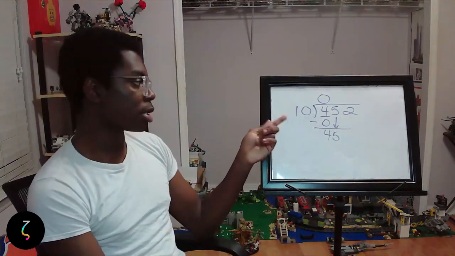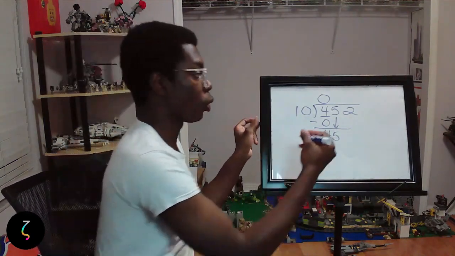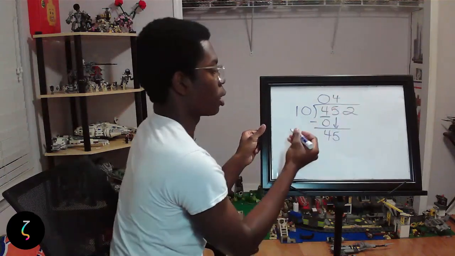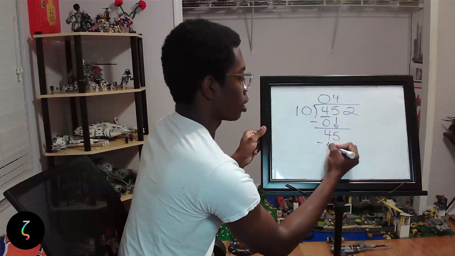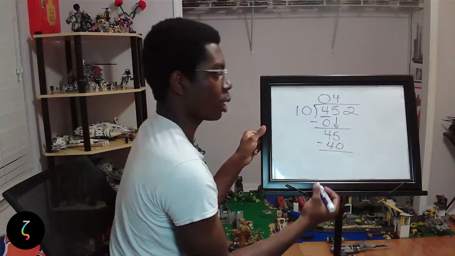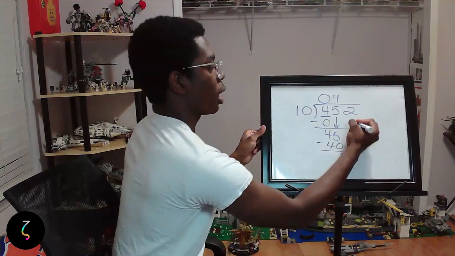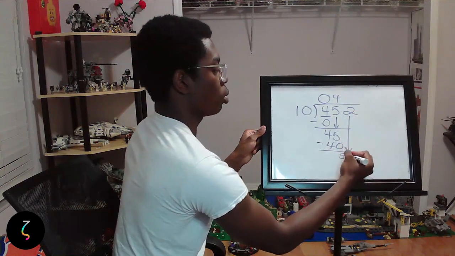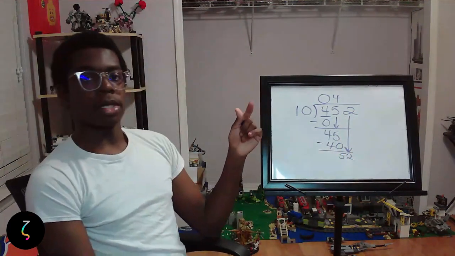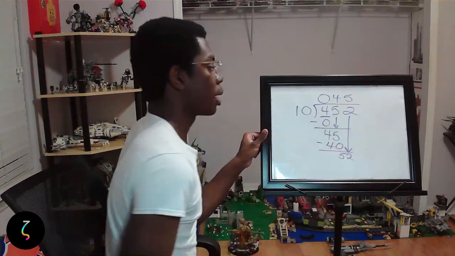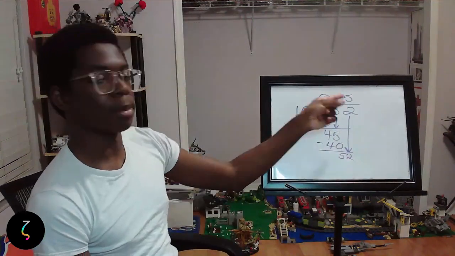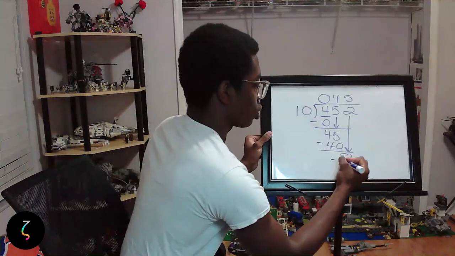How many times does 10 go into 45? It goes in 4 times. So now we multiply 10 times 4 and subtract. So 45 minus 40 is going to be 5. And then we're going to drop down this 2. How many times does 10 go into 52? It goes in 5 times. We multiply 10 times 5 and subtract.